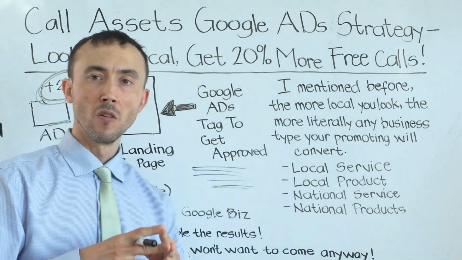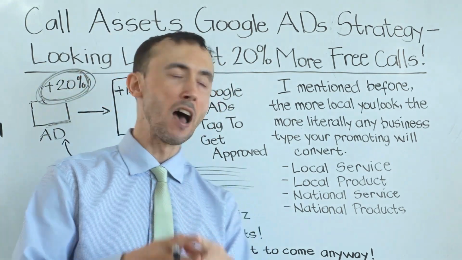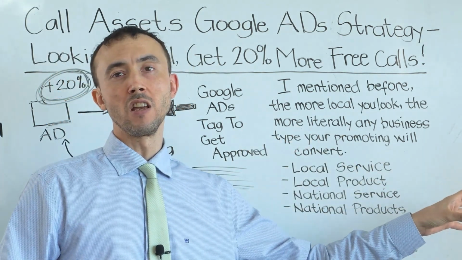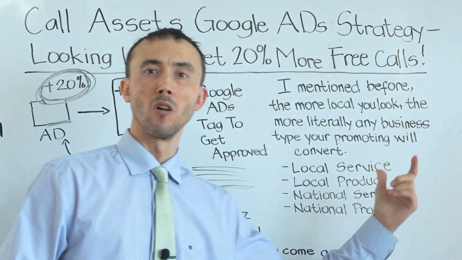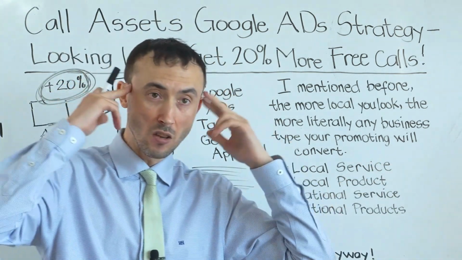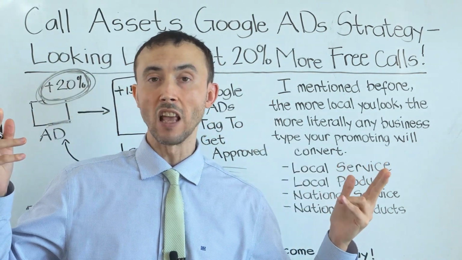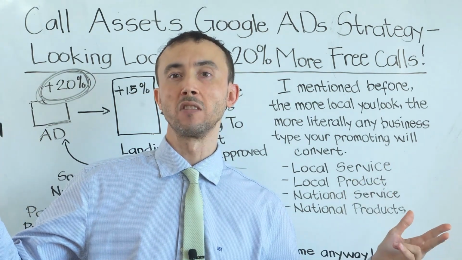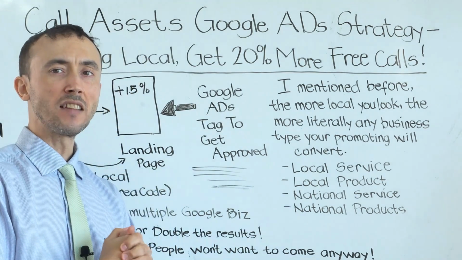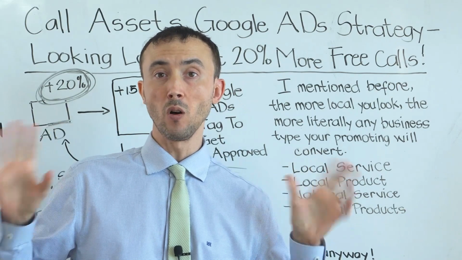When you're talking about niches where you're not going to get calls from the call asset, now you're talking about increasing click-through rates, which you're going to increase by at least 20% when you have a localized phone number there, because you look like a local operation, even though in that user's mind, they did not intend or even think they needed or wanted to deal with a local business in the first place. So with that said, that's the methodology that we're using almost every time for local businesses.